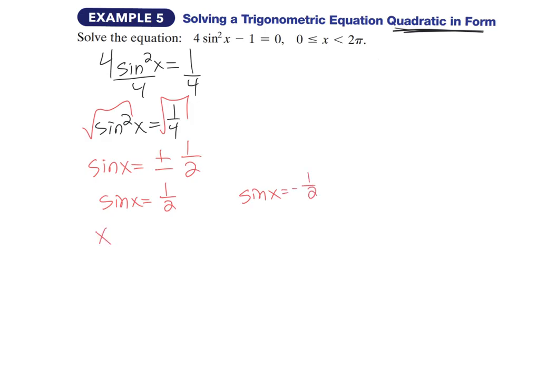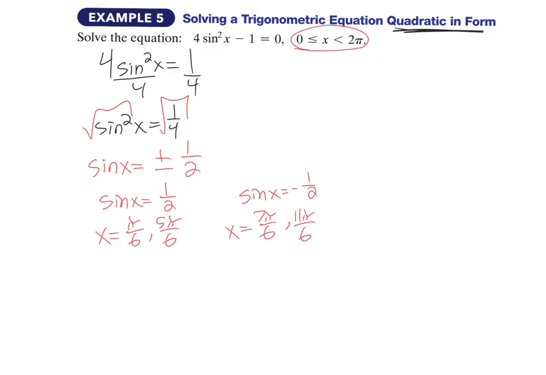Okay, so x equals, we'll look at our unit circle to figure this out. So x equals pi over 6 or 5 pi over 6. And also, when it's negative 1/2, it will be 7 pi over 6 and 11 pi over 6.